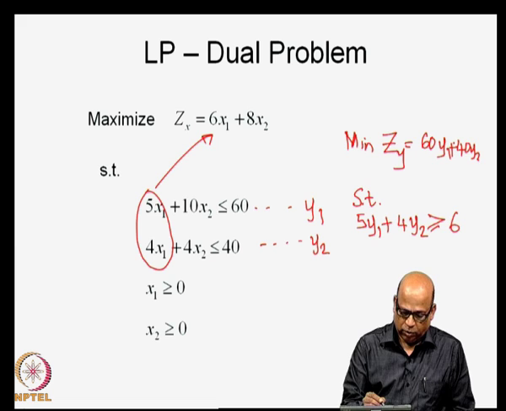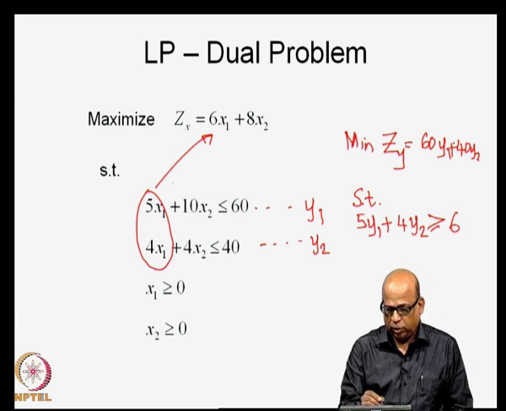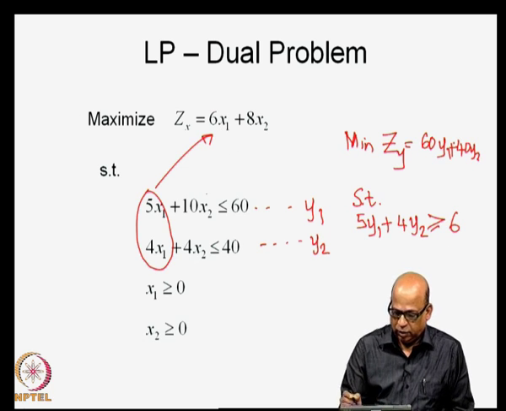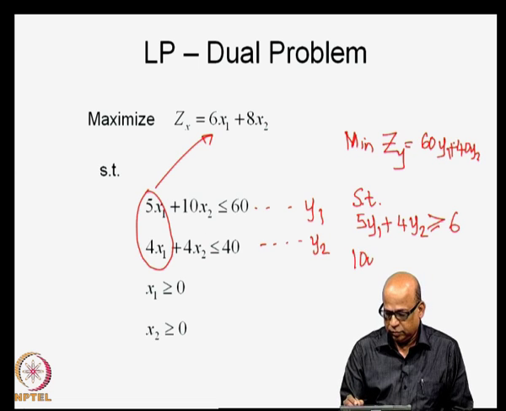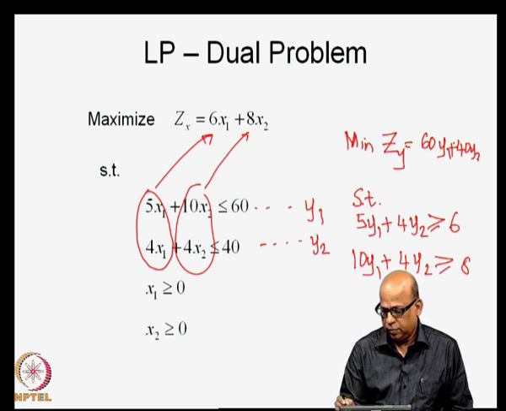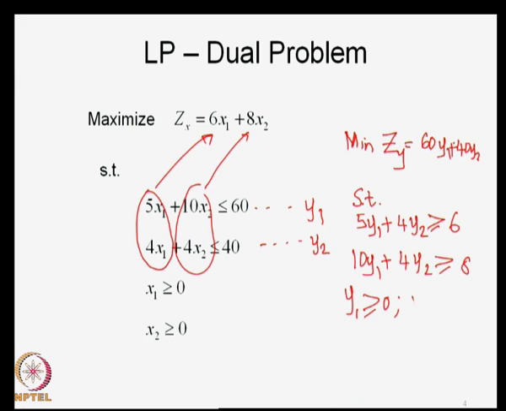So, what did I do? I looked at the x 1 variable here. All of these coefficients are related to x 1, and I wrote the constraint. So, corresponding to a variable, I am writing a constraint here. Similarly, I will write 10 y 1 plus 4 y 2 greater than or equal to 8, and y 1 greater than or equal to 0, y 2 greater than or equal to 0.